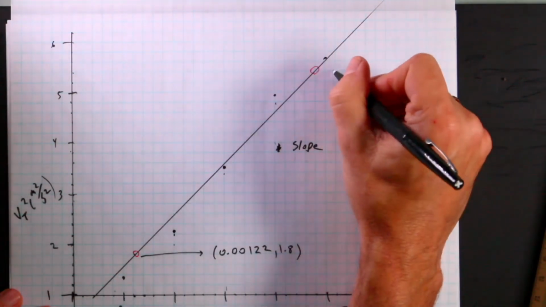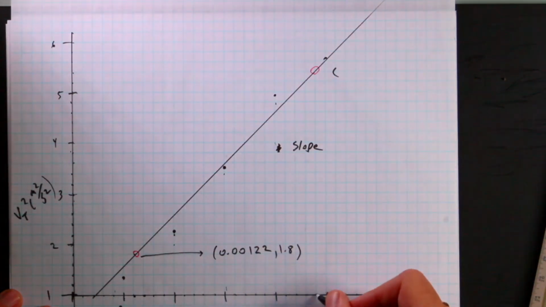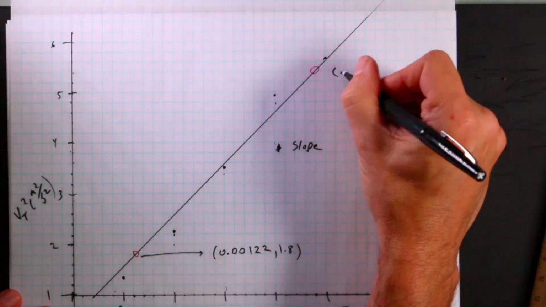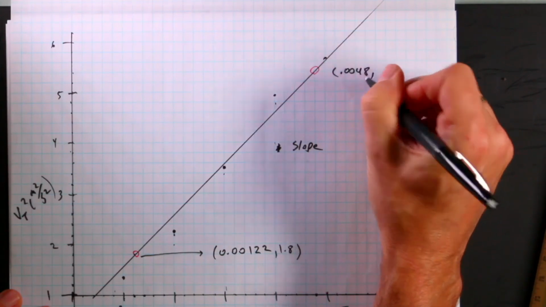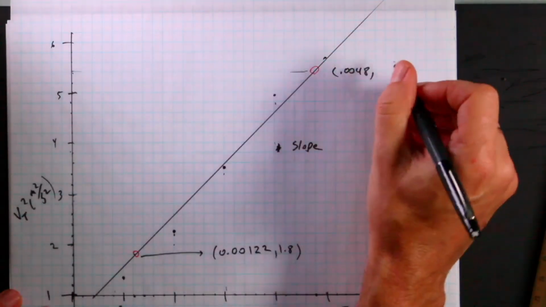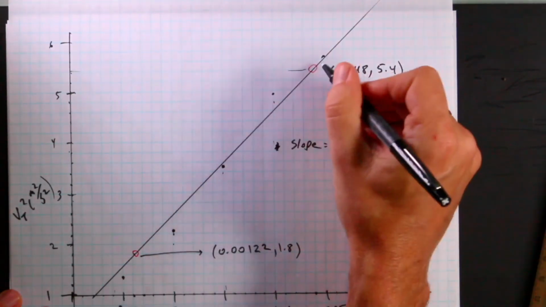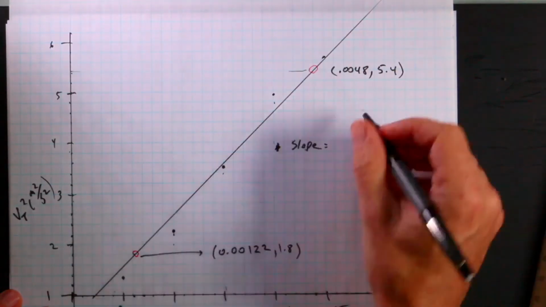Now for this one, it's easier. The mass is actually going to be equal to 0.0048, and then this is going to be equal to 5.4. So the slope is going to be equal to the change in the vertical divided by the change in the horizontal.